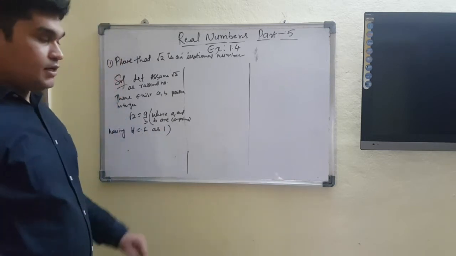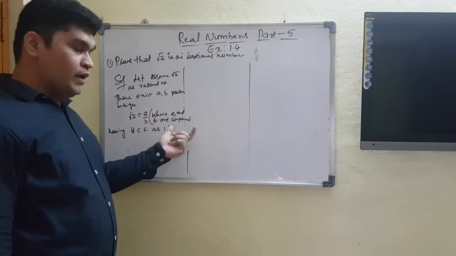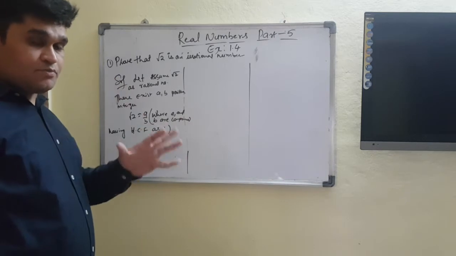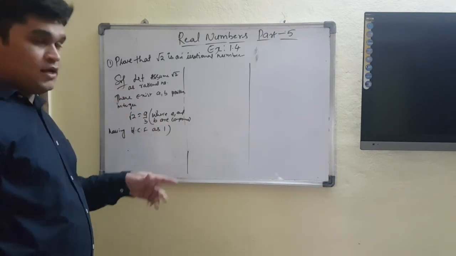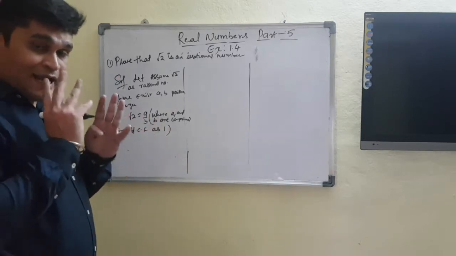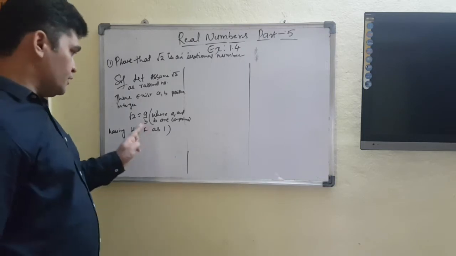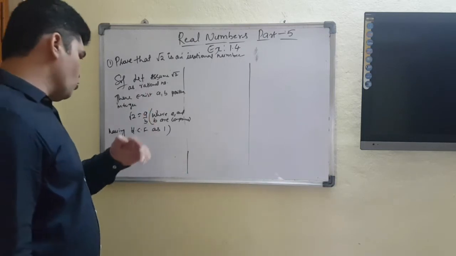It means these positive integers a and b are co-prime. Co-prime means they are numbers which have the highest common factor as 1. There will be no other factor compared to 1. If they are having only 1 as a factor, then only I can say that root 2 is a rational number. Okay, let us go on now.